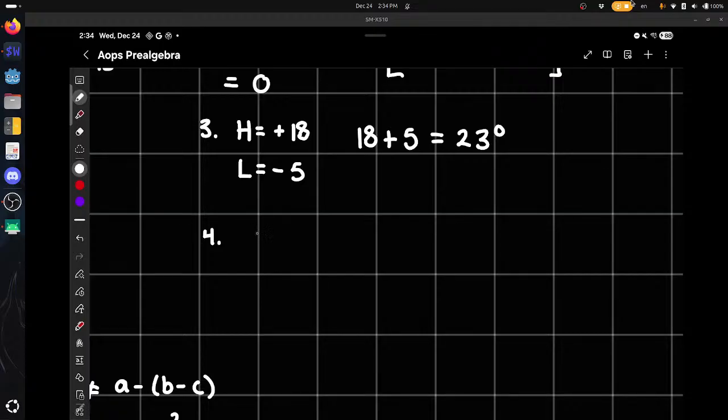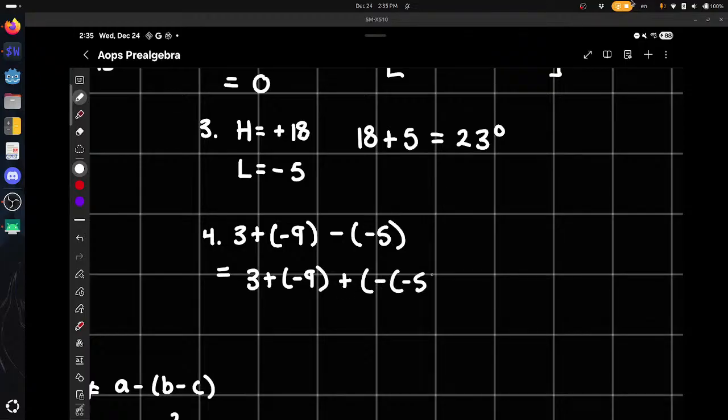Okay, evaluate 3 plus. So this is a definition of subtraction, then double negation. So let's first convert all of these. We'll leave this alone, but then this. Wait, is that right? Yeah, that's right.